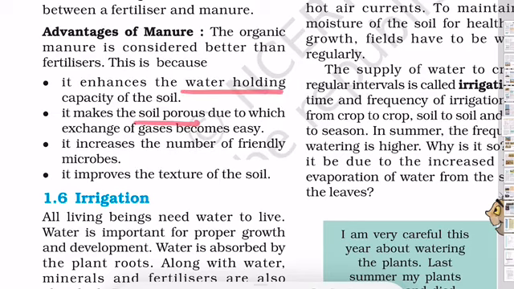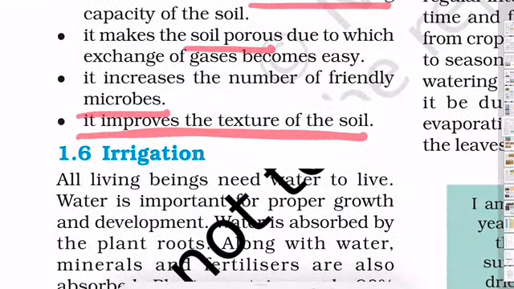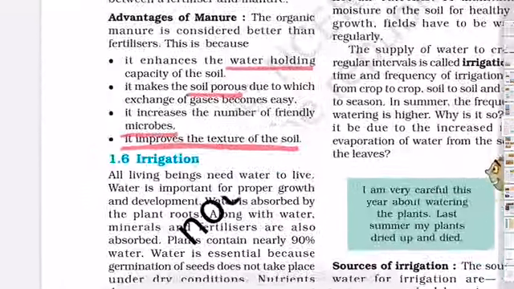When we add water to the soil, because the soil is porous, it will hold the water, which is good for the plant. It also increases the number of microorganisms because of the presence of humus. It improves the soil texture because the soil will become porous and soft, and the roots can easily penetrate the soil. So manures are considered better.